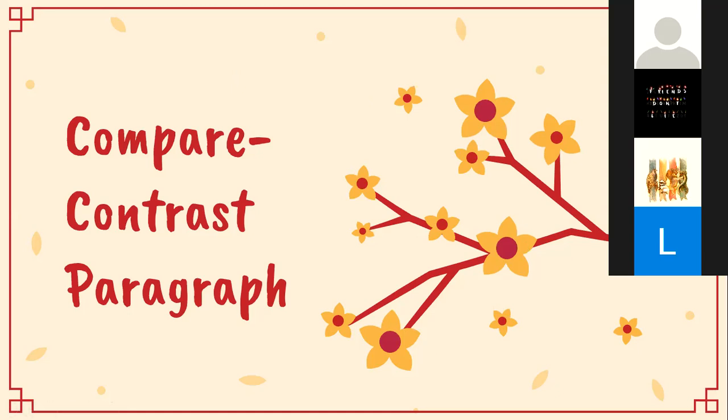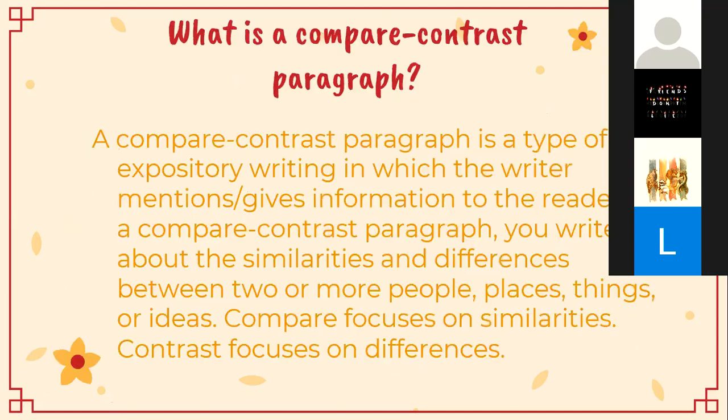But now when I say compare contrast paragraph, what do I mean? As you know, when I compare and contrast, I'm giving information. So the compare and contrast paragraph goes under the title of expository writing. Before we said that expository writing means giving information, so a compare and contrast paragraph is the same.